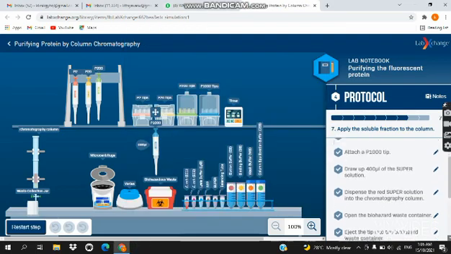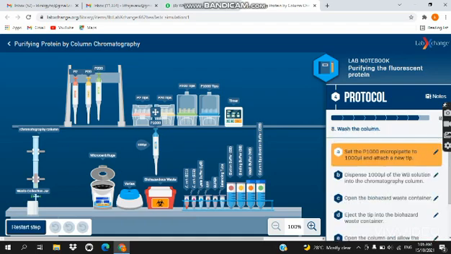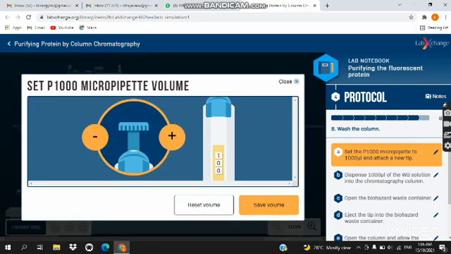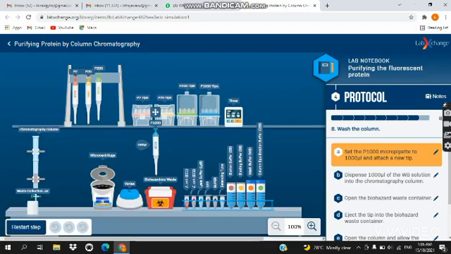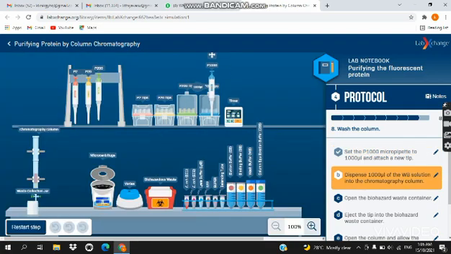Okay, next is the pipette, attach, and then dispense the wash buffer about 1000 microliter.